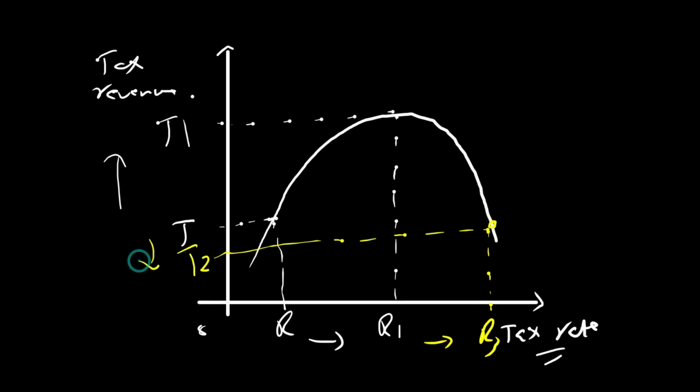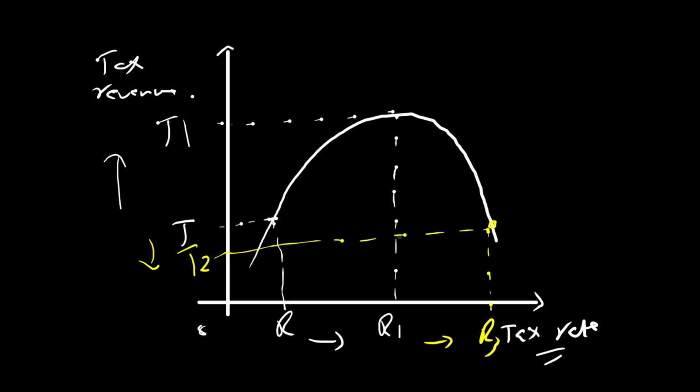Right? Because when government keeps increasing the tax rate, people think that it is really unfair for them, and they may stop paying taxes. They may try to avoid tax and evade tax as well, and they may not disclose their actual incomes they are earning.